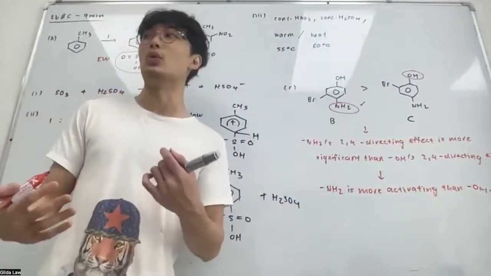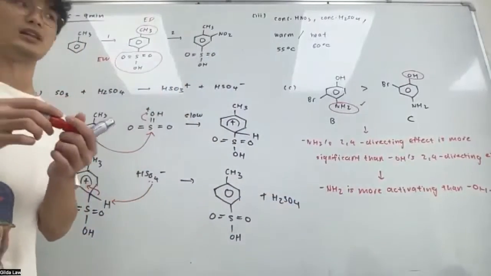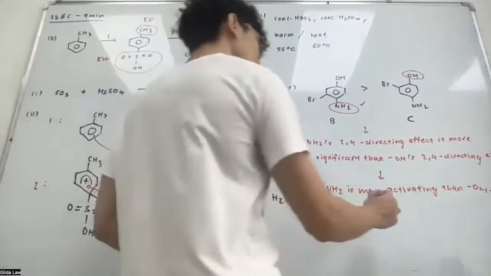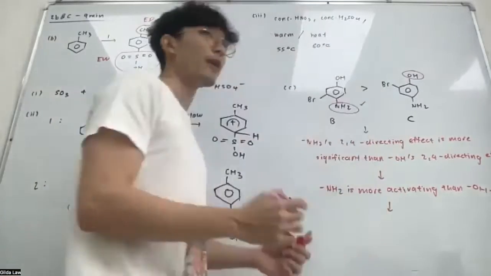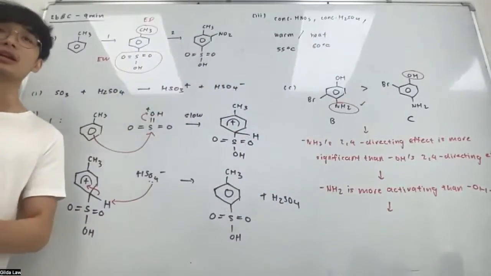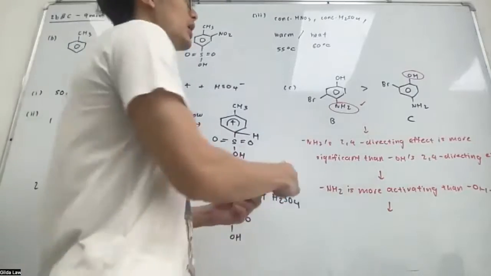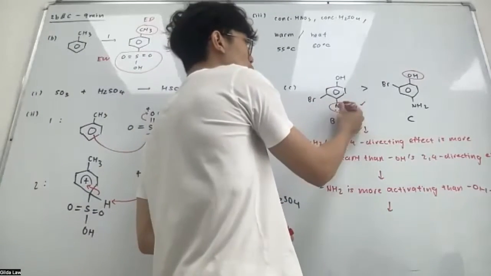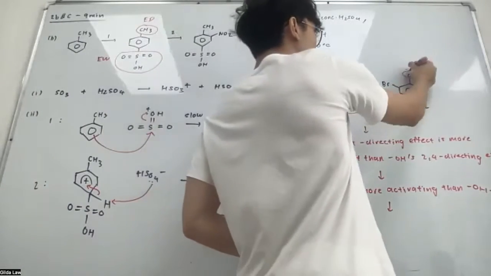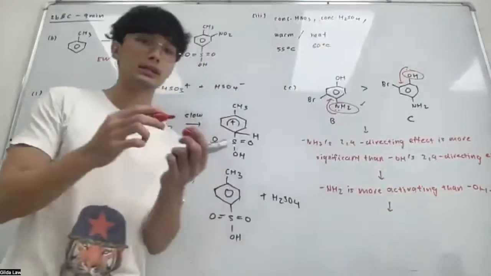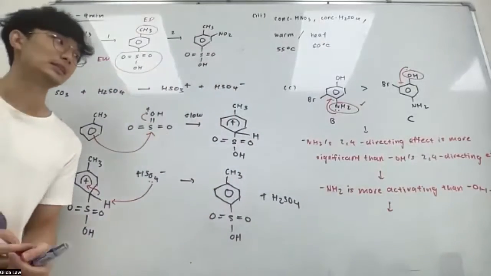But why is that so? How are they activating in the first place? They are both activating via resonance. As you can clearly see here, they both have lone pairs, and this one's lone pair is delocalized, and this one's lone pair is also delocalized. Then what's next?